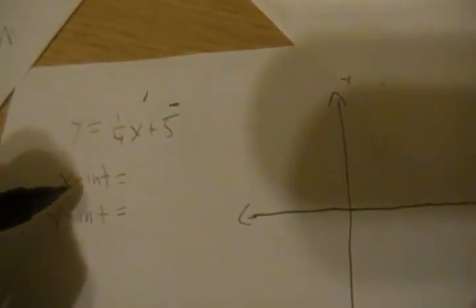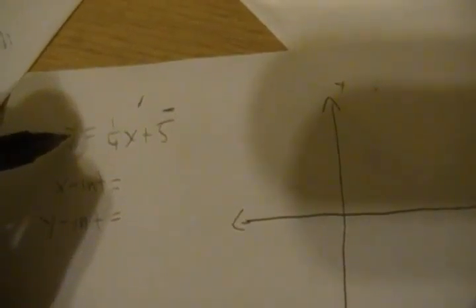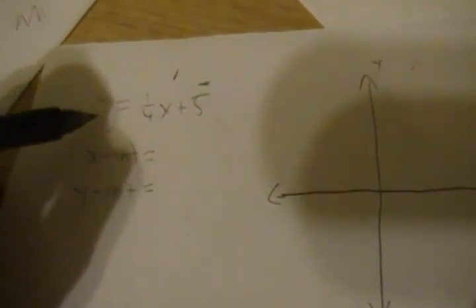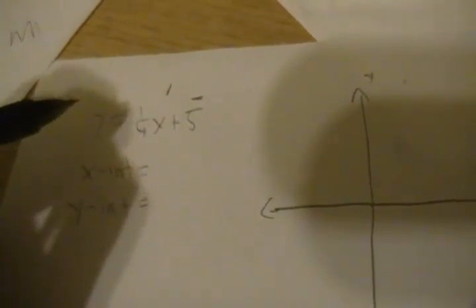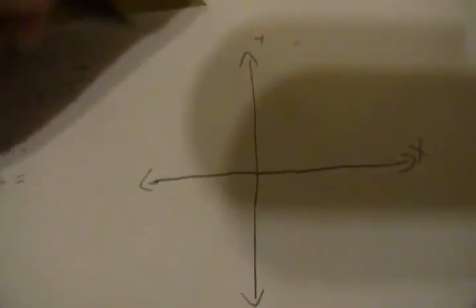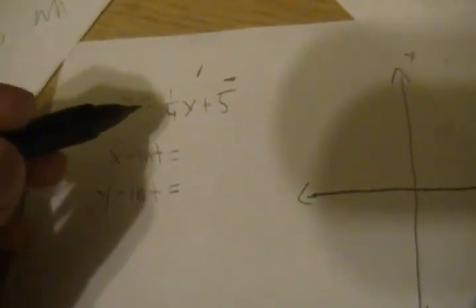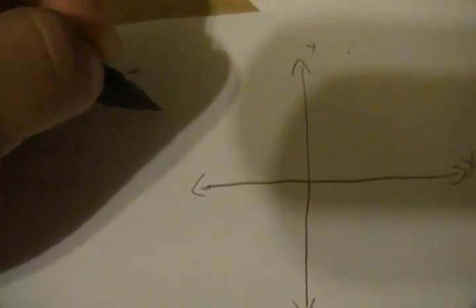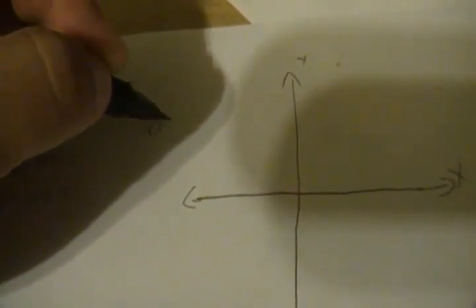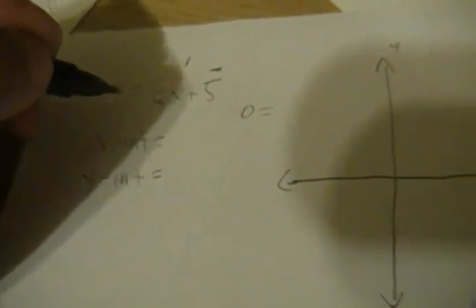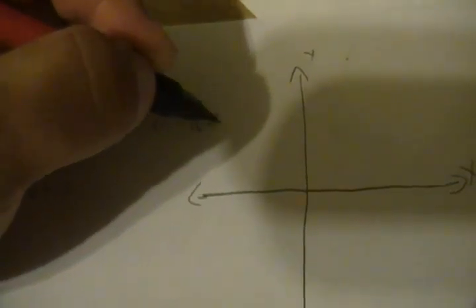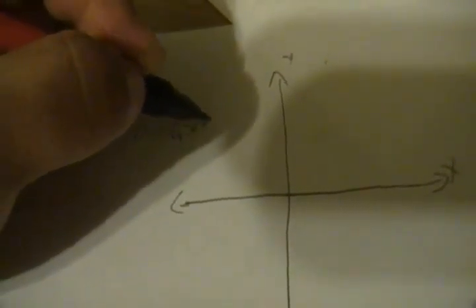Alright, so to review, to find an x-intercept, what we do is we let y equal 0 and then we solve for x. So in this case, y equals 1/4 x plus 5, we have 0 is equal to 1/4 x plus 5.